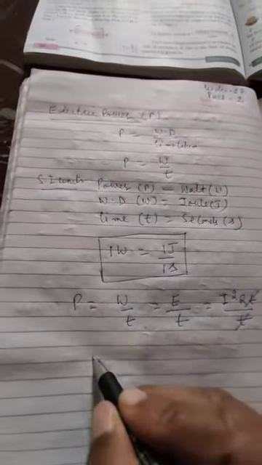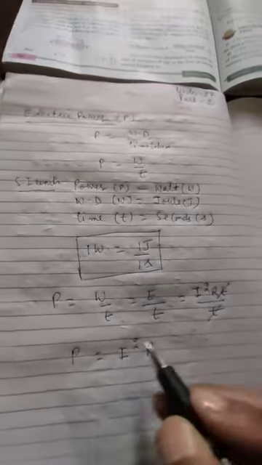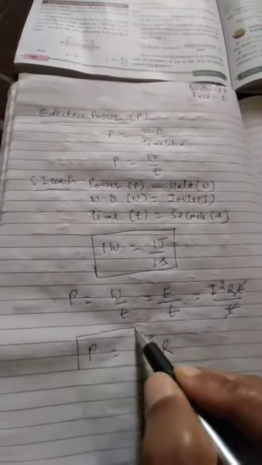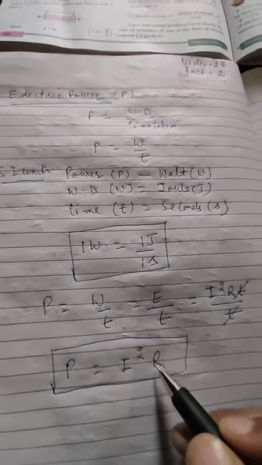So P is equal to I square R. When current and resistance are given, power can be calculated by this. P is equal to I square R.